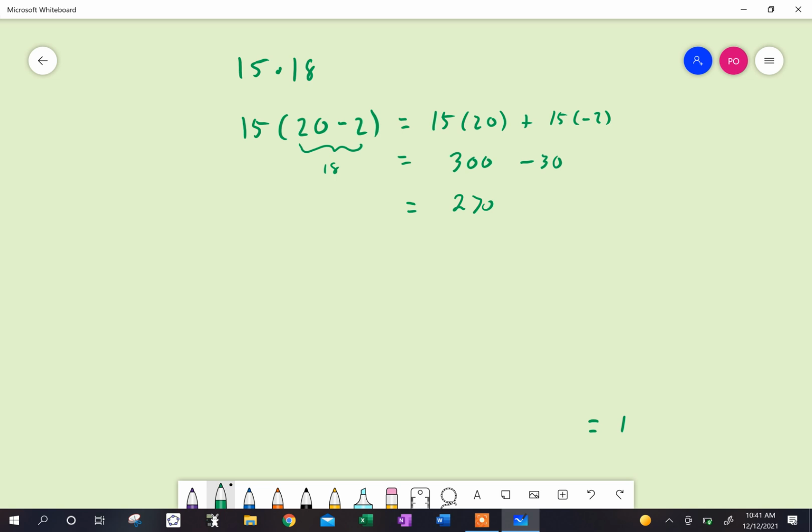And not only that, take a look at this. I don't even have to do it that way. I could say, well, what's 18 times 15? It's the same question, but this time I'm going to change it into 18 times 10 plus 5. So I get 18 times 10 plus 18 times 5. Well, 18 times 10 is 180.